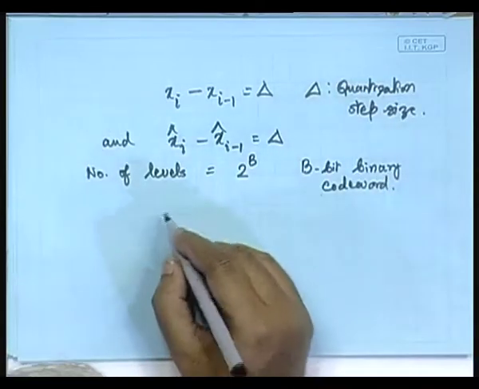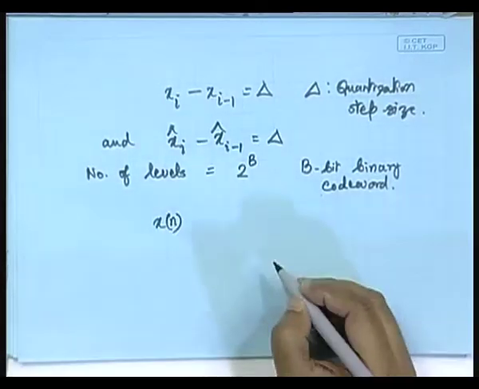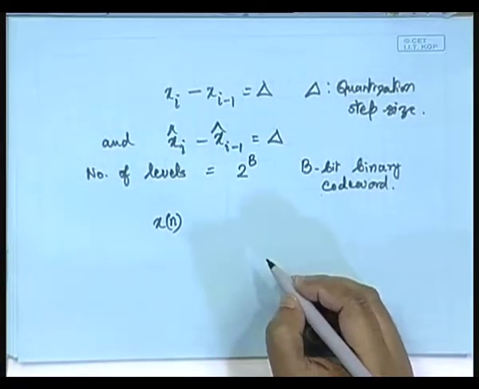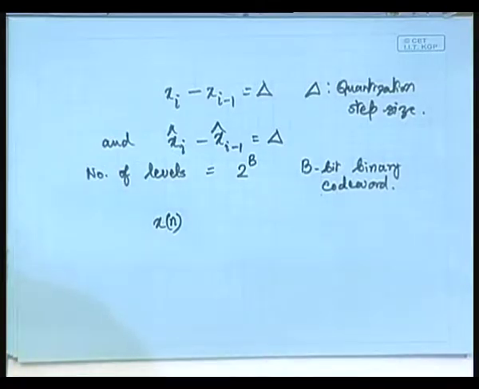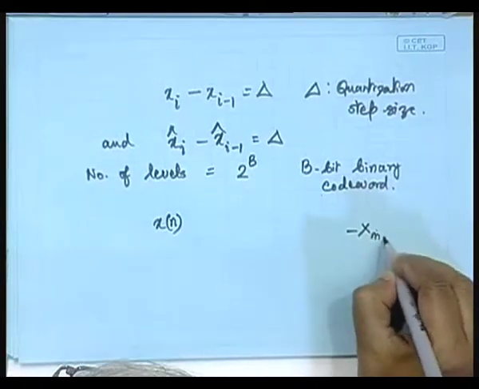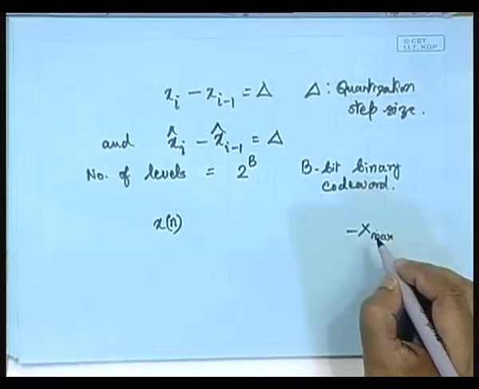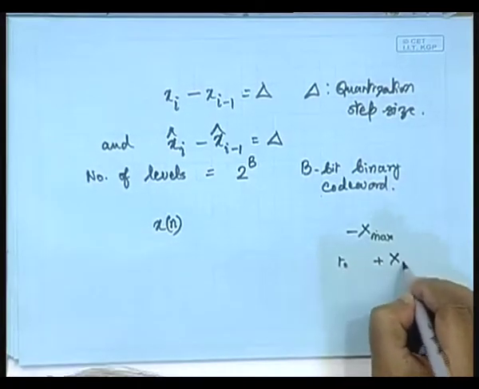And if we assume that the samples we are indicating by x of n, where n is an integer, can vary, let us say that it is going to have a dynamic range of minus x max to plus x max.